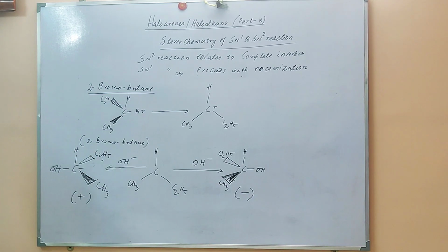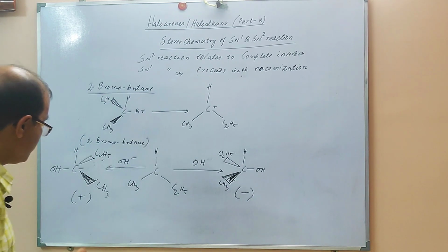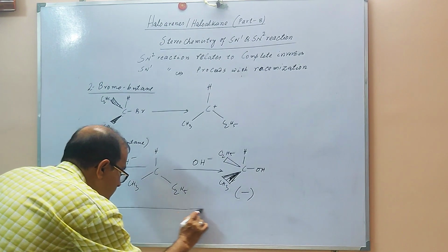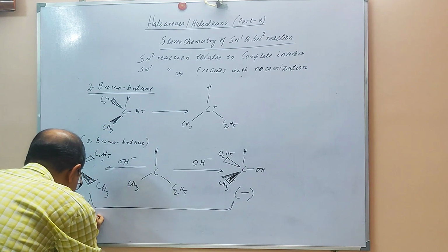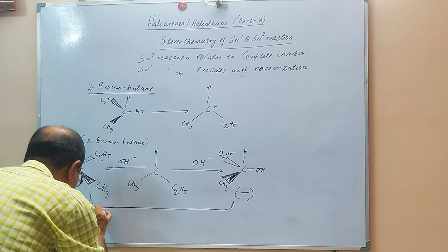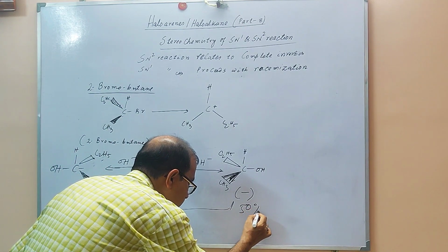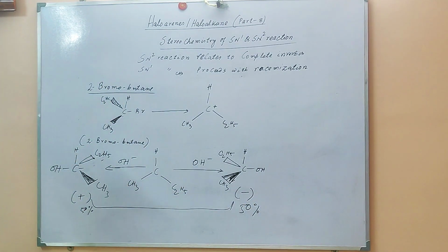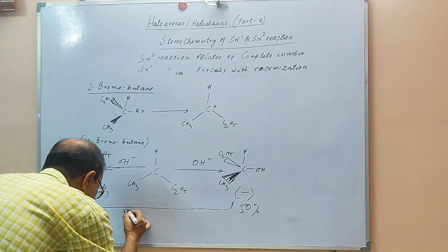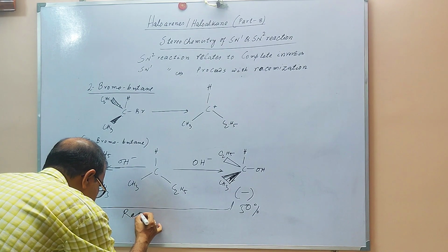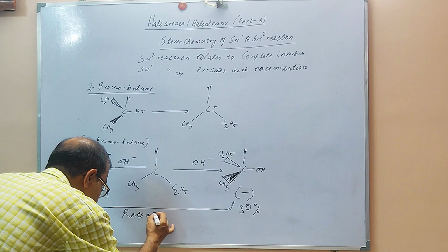So we have 50% of this optically active compound and 50% of the different enantiomer. Then it will create a racemic mixture.